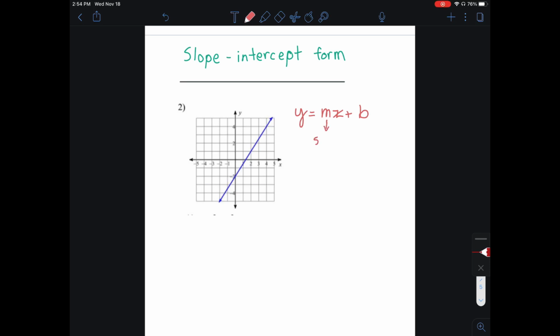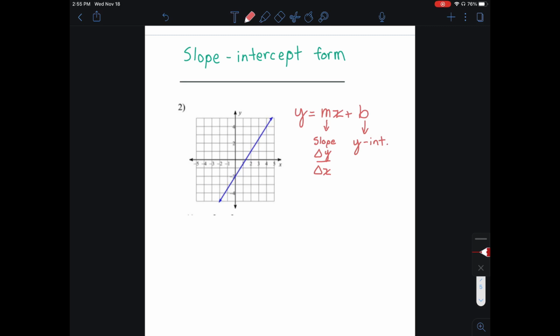So m is our slope, which is change in y over change in x, or delta. That's the change symbol, delta. Then we have b, which is our y-intercept. Int is short for intercept.